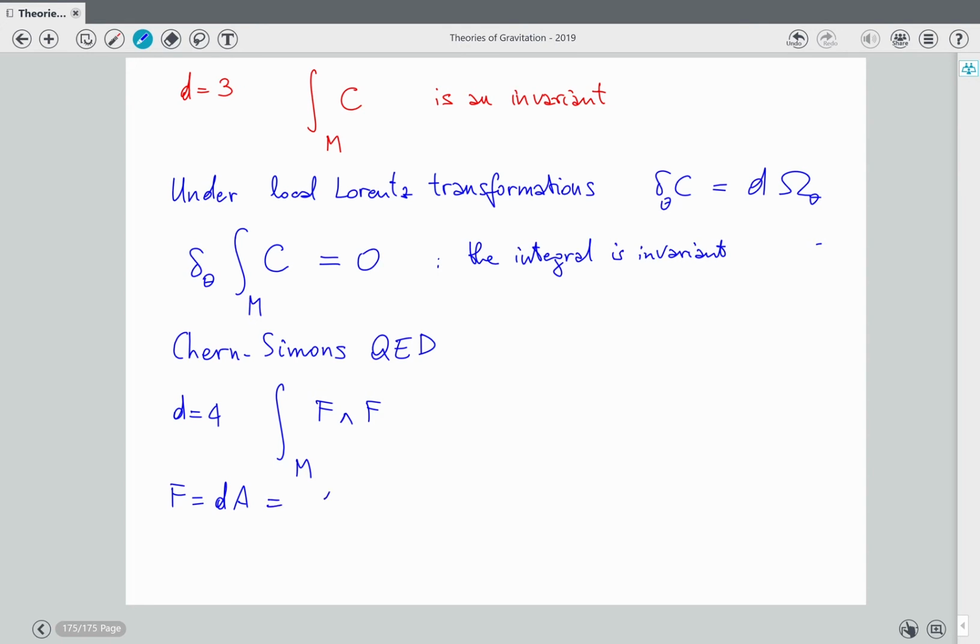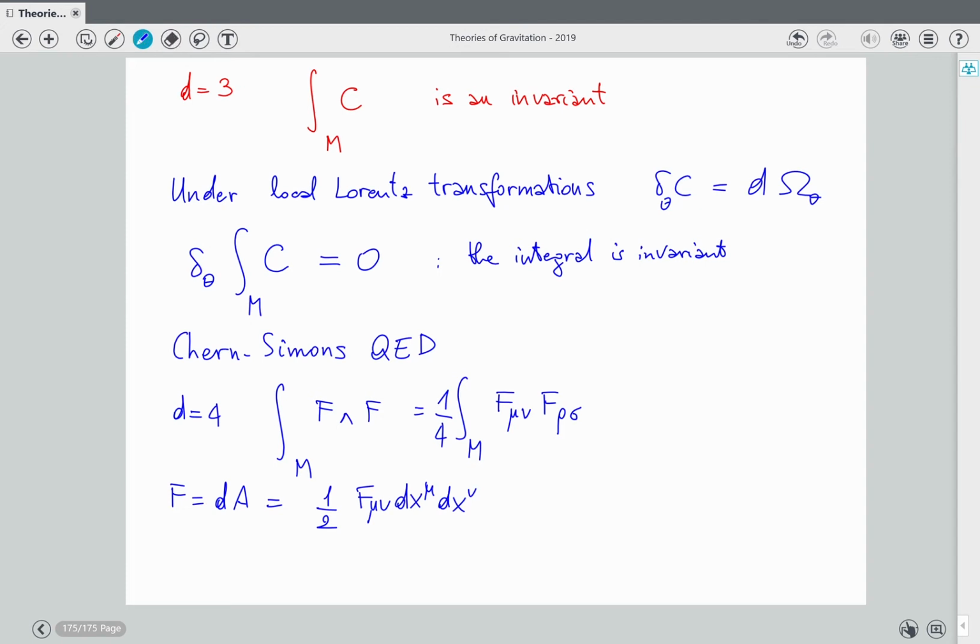and that is equal to 1/2 ∂_μ A_ν F^μν. We know that. And so this object can be written as 1/4. Those two forms will be writable like this, F_μν F_ρσ, and then you have dx^μ dx^ν dx^ρ dx^σ.